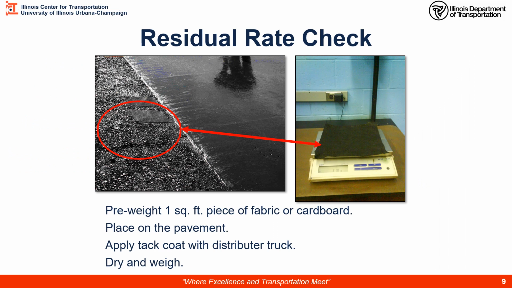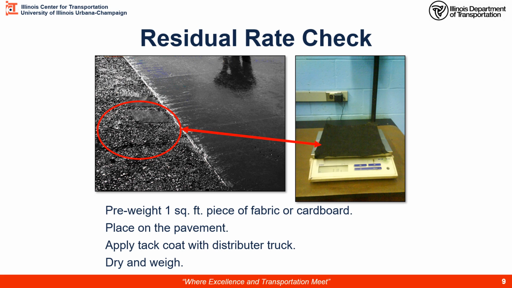Also developed with this spec was a check of the residual rate. This is done by placing a 1 foot square of fabric or cardboard on the pavement. The distributor goes by, sprays this, and then you pick it up. A number of districts have made so-called pre-weighed kits where this fabric is pre-weighed.